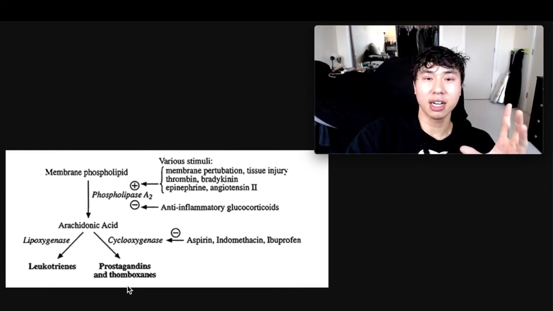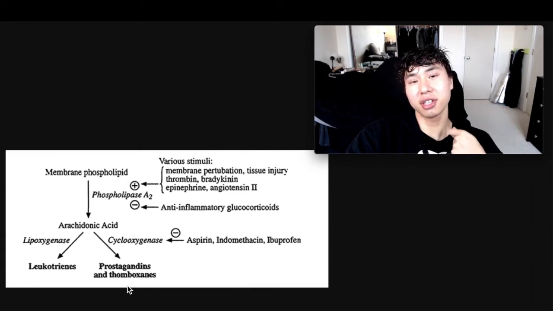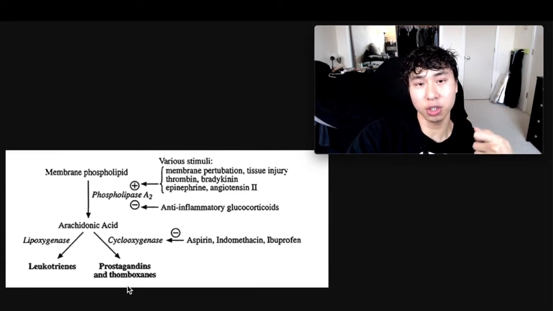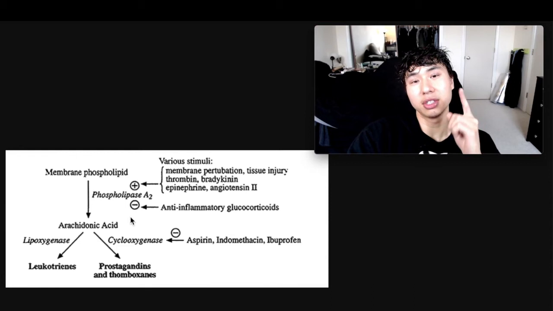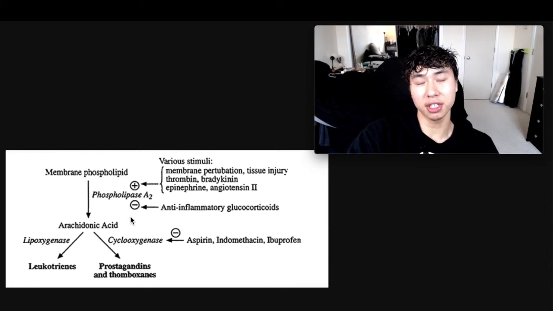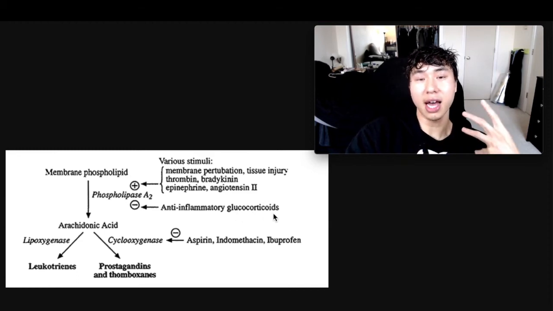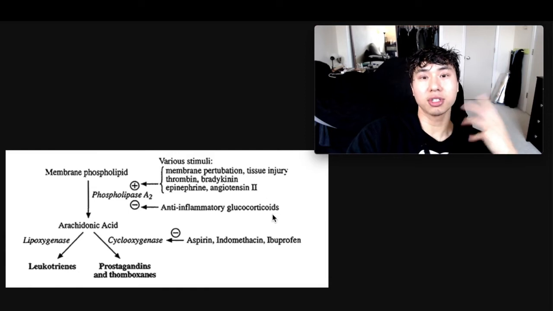Now, the pharma companies don't want you to know this, and they'll give you a bunch of prescription drugs to help you block these chemicals in this inflammatory pathway to help you reduce inflammation artificially. For example, these anti-inflammatory glucocorticoids are also known as corticosteroids or steroid creams.